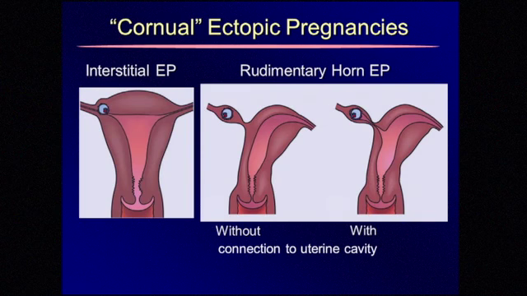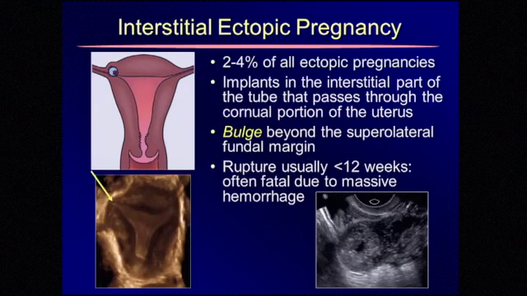So let's look at the cornual ectopic pregnancies. So the interstitial ectopic pregnancy occurs in 2 to 4% of all ectopic pregnancies. So the conceptus implants in the interstitial part of the fallopian tube that passes through the cornual muscular portion of the uterus.